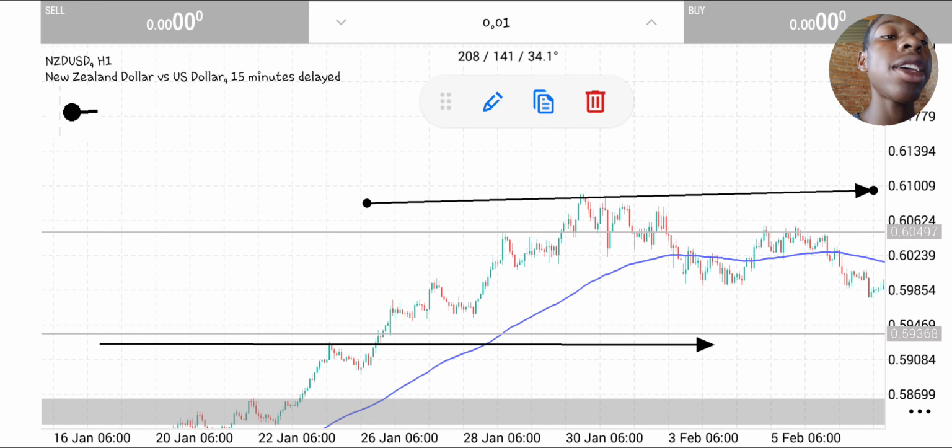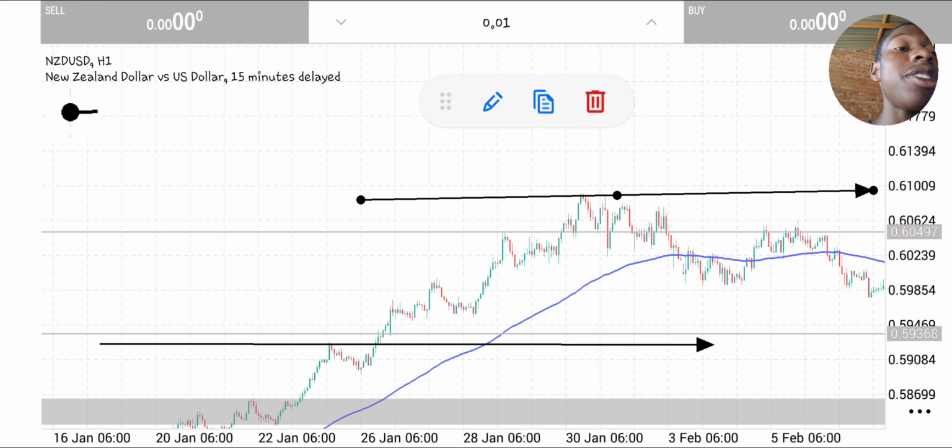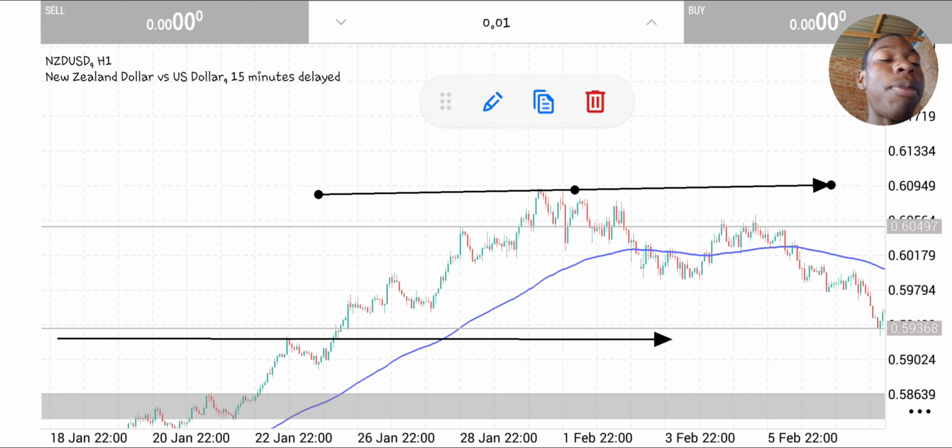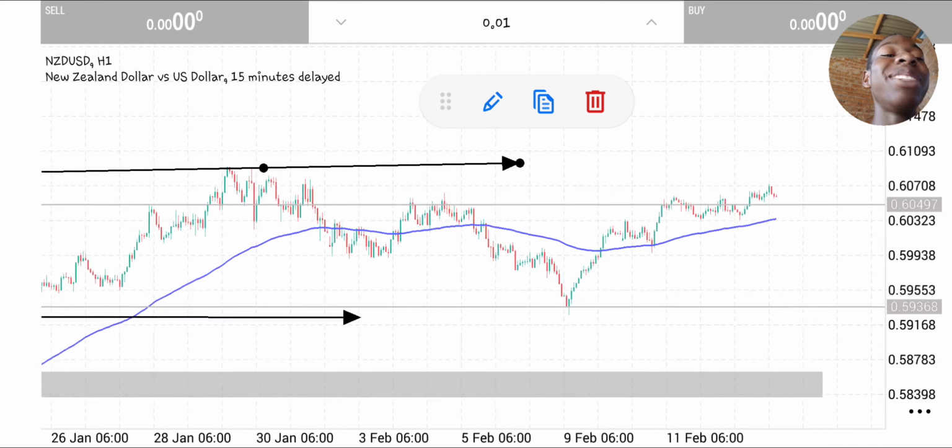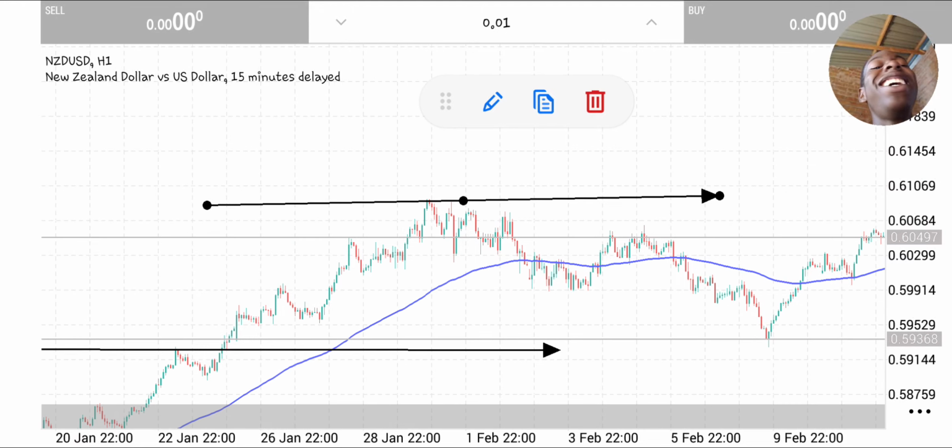And then look at this. You don't even check your smartphone or anything, but the price reaches your take profit level, and as soon as it reaches your TP, that's when price starts doing this, bro.